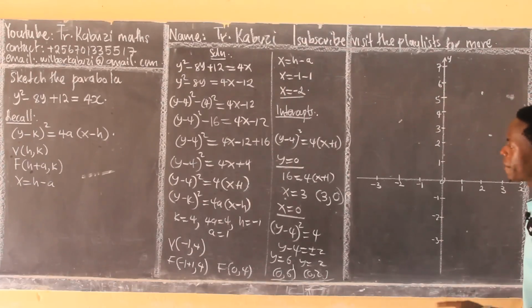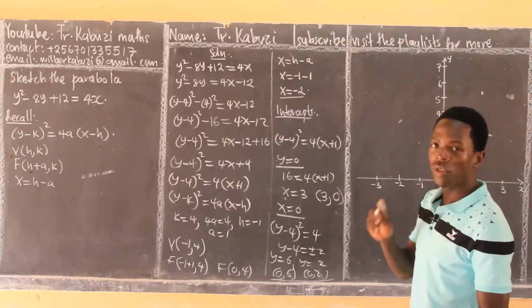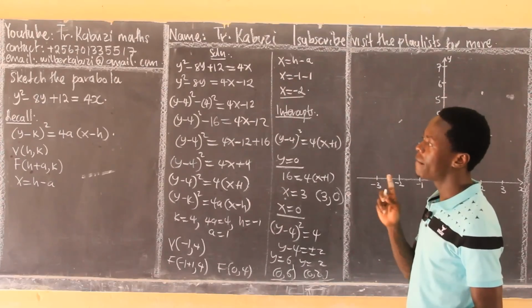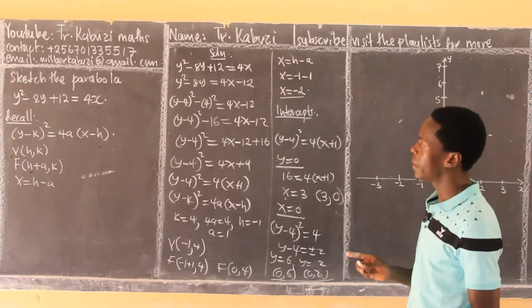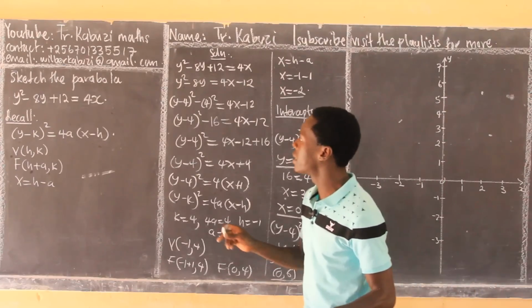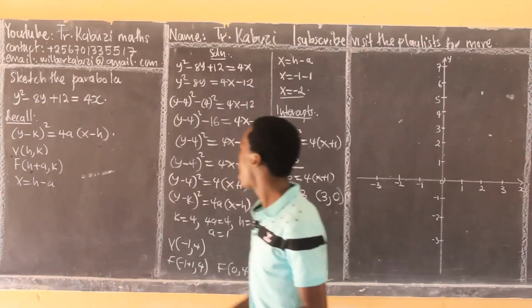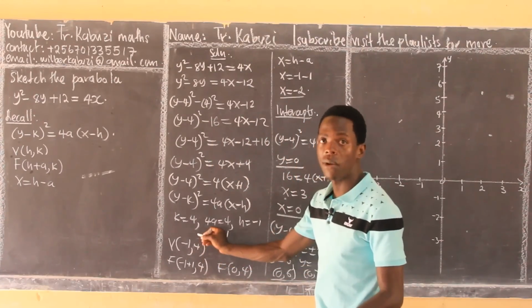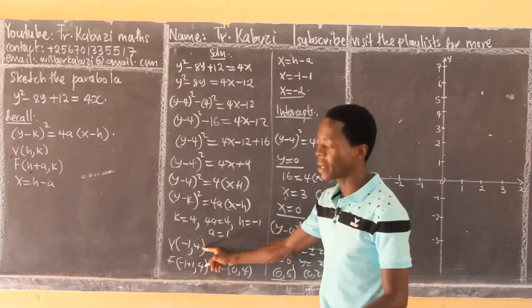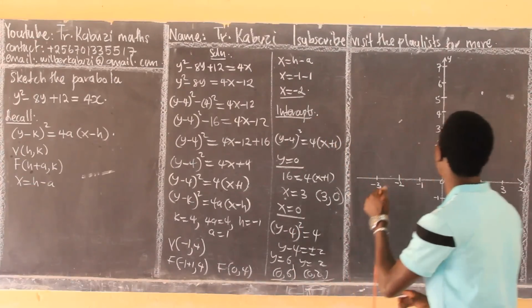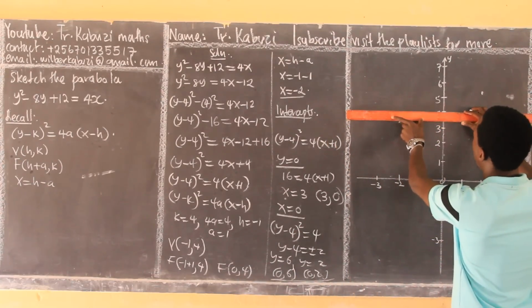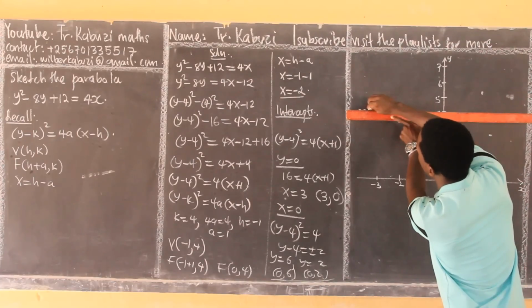Now from there, we come and then we sketch. To sketch, you start by drawing the line where the vertex is sitting. Our vertex here is sitting at the horizontal line, which is 4. So I start by drawing this horizontal line there.